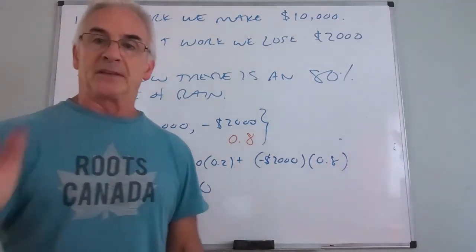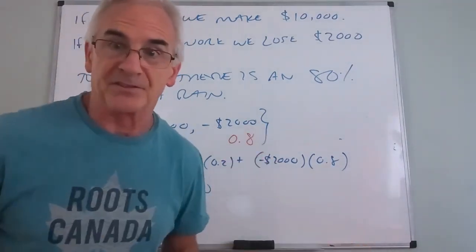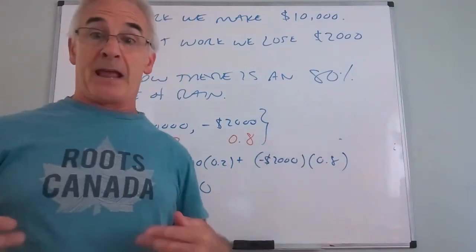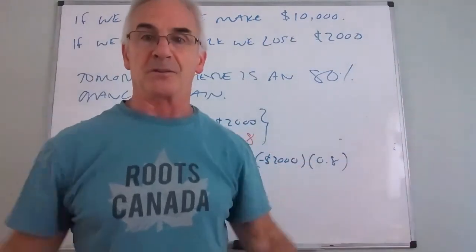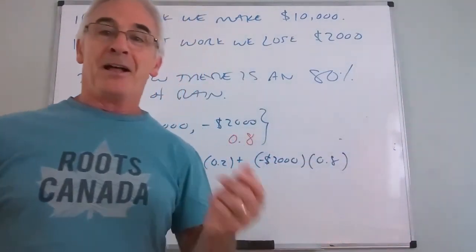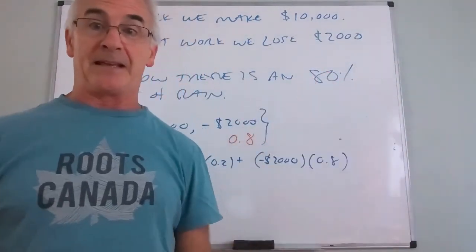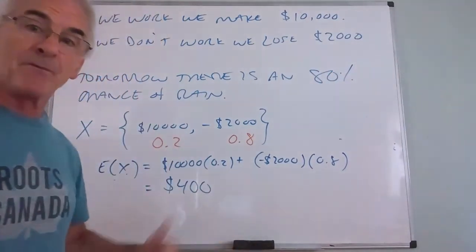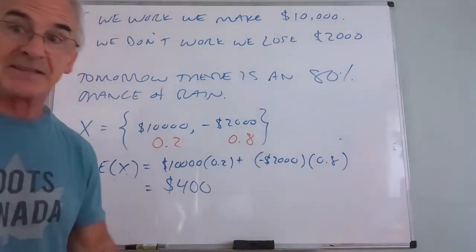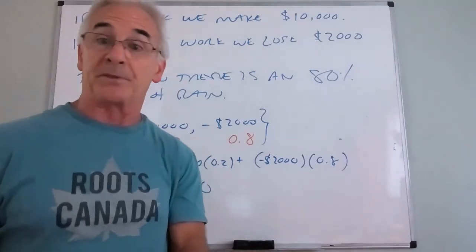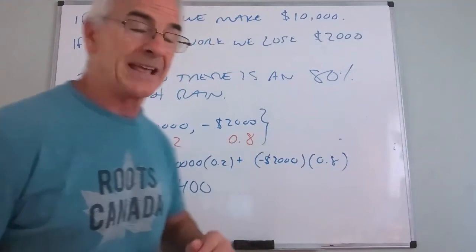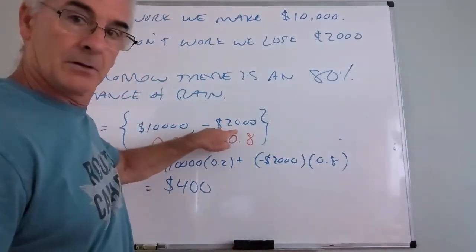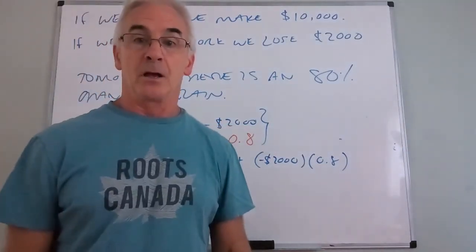If this was the case every single day for the next month, maybe I'm building an entire condominium complex and there's work for many, many days, then on the average I'll make $400 a day. That takes into account all the days I couldn't work and the days I could. But if this was a one-shot deal, really the rule of thumb is, can you afford to lose the $2,000?